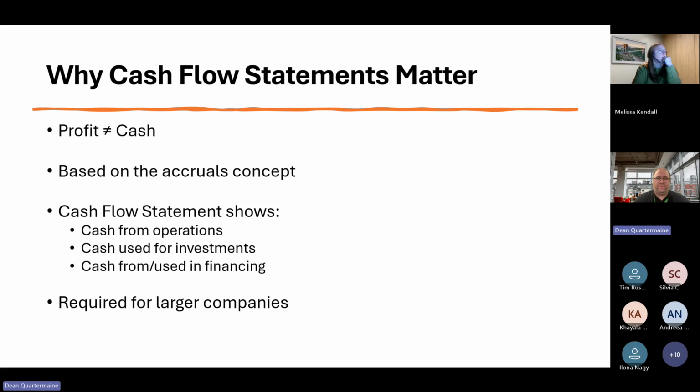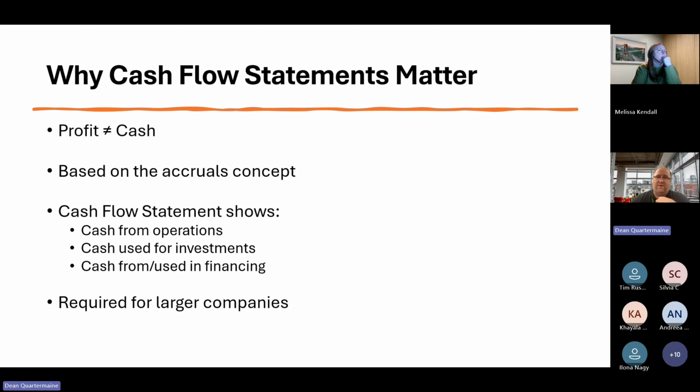Well, it's very simple: profit does not equal cash. There are lots of businesses that make huge amounts of profit but don't have a lot of cash. And equally, there are businesses that have lots and lots of cash but don't make a lot of profit. Their profit margins might be really small, but they've got big cash reserves, investors and such like.